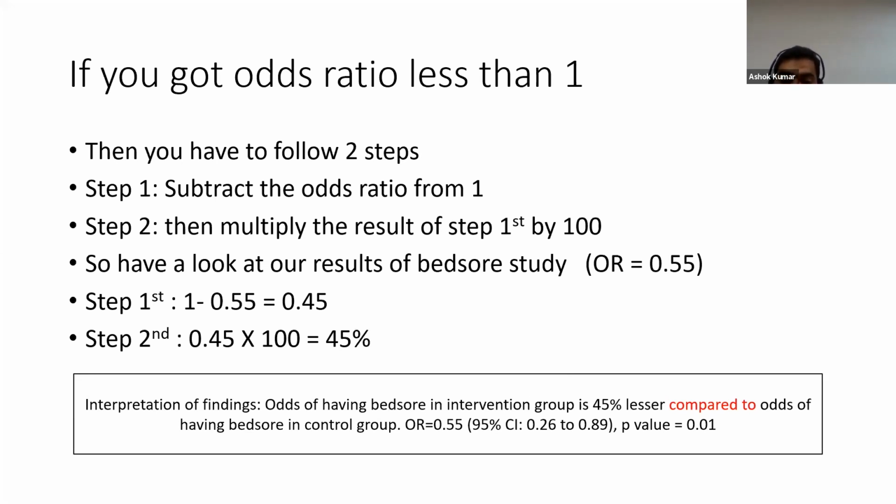If there is a sale with a 45% discount, everybody goes shopping. So if you fall in the intervention group, there is a 45% lesser chance of development of bed sore. It is very good.